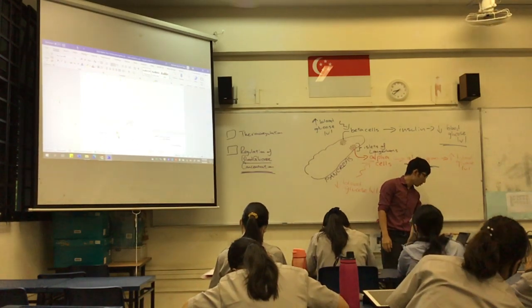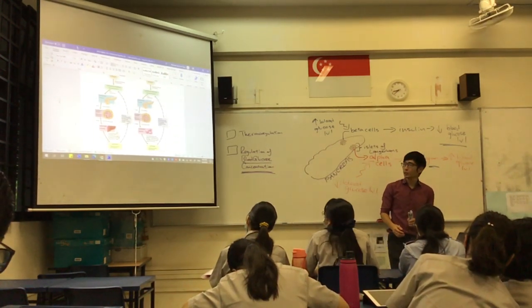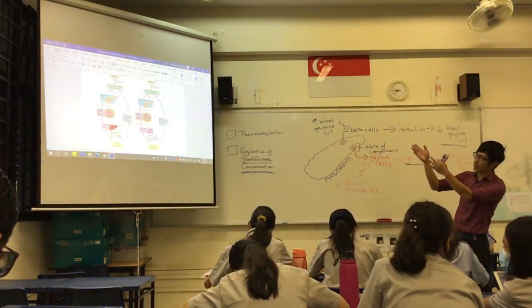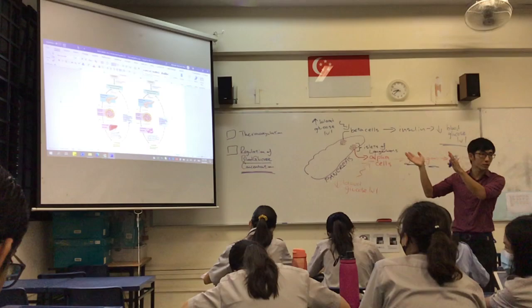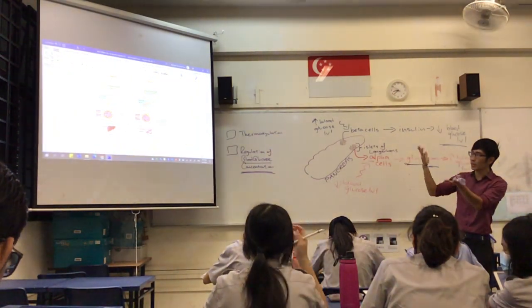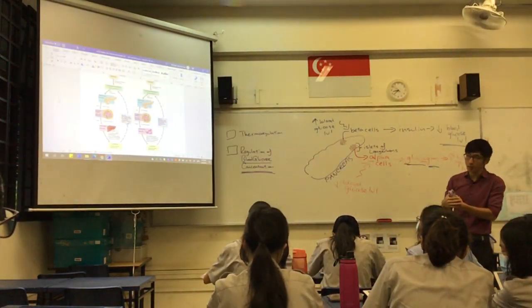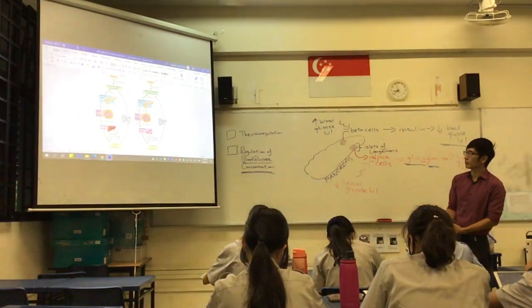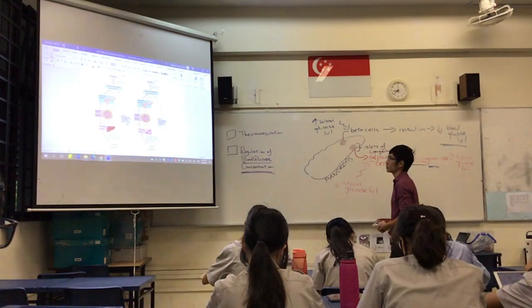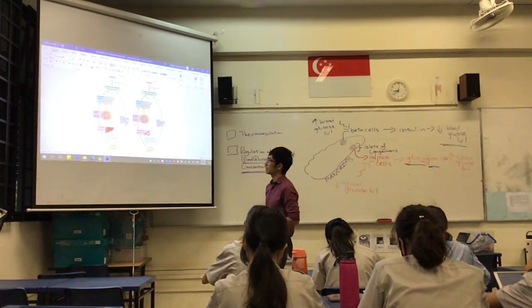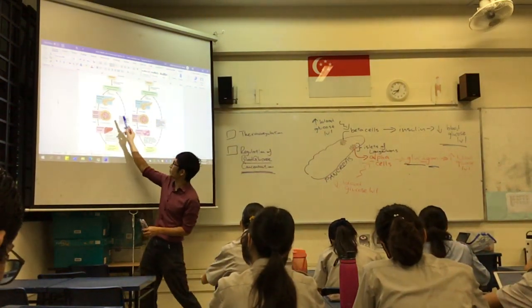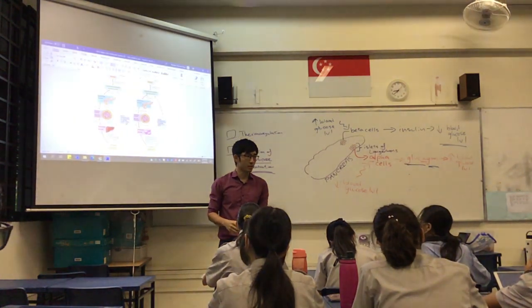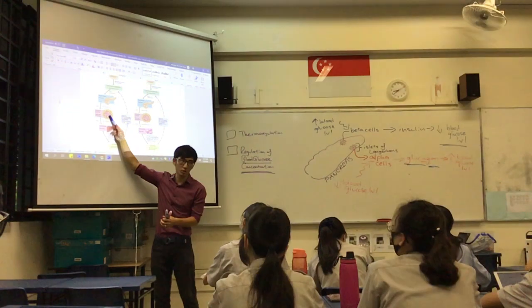Now, we have a look. I want to draw your attention to something very interesting. We provided you the typical homeostatic control system. You can see the receptors, you can see the control center, you can see the effectors. This is a very interesting case study because while we put the receptors as the pancreas, in truth, the receptors are the same thing as the control center.